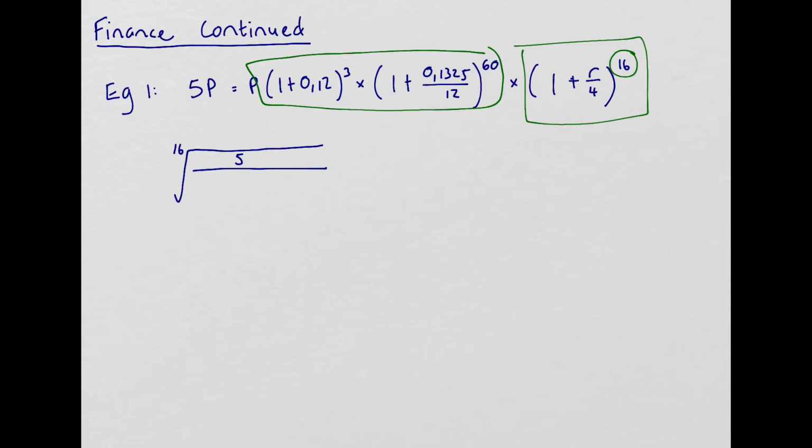So we're going to have 1 plus 0.12 to the power of 3 times 1 plus 0.1325 divided by 12 to the power of 60. And that'll equal 1 plus R over 4 to the power of 1, because we've already taken the 16th root of both sides.